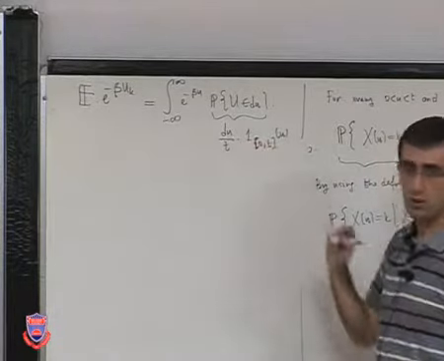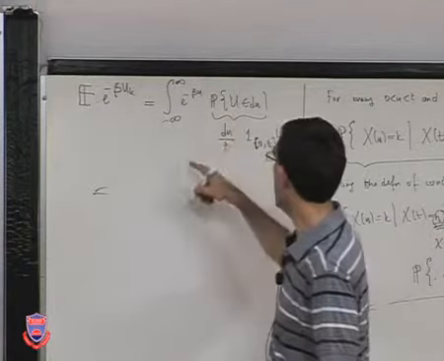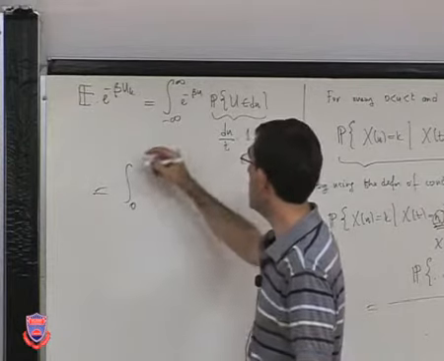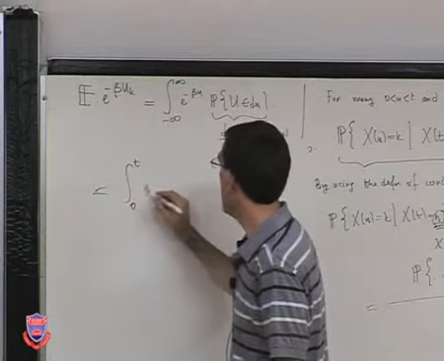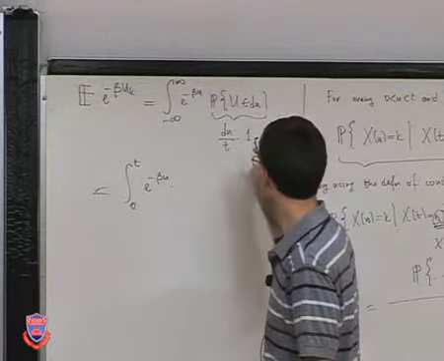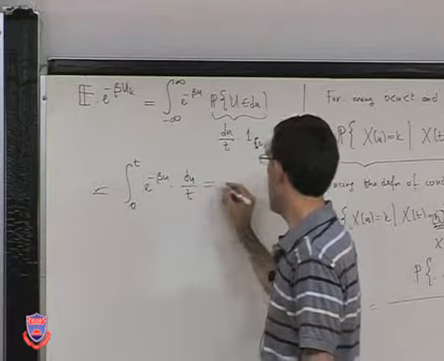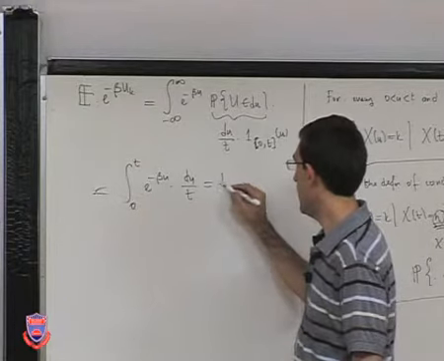Otherwise the density is 0, which kills that term. If you plug this in, we change these bounds from minus infinity to plus infinity into 0 to t: the integral of e to the minus beta u, du over t. And what is this integral?